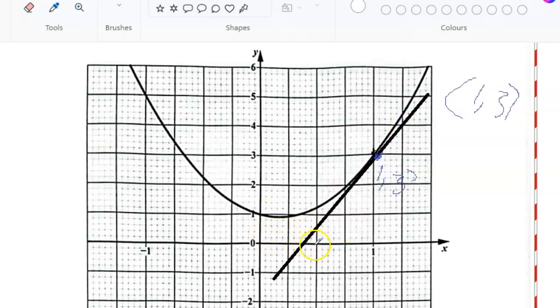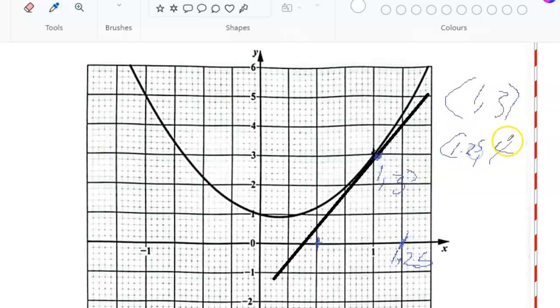So notice the scale for the x-axis. This is 1, so this would have to be 0.5 in the middle here. So going up by each block, we're going up by 0.25. This point is (1, 3), and you need another point that the line passes through. Here, when y is 4, the x here would be 1.25.